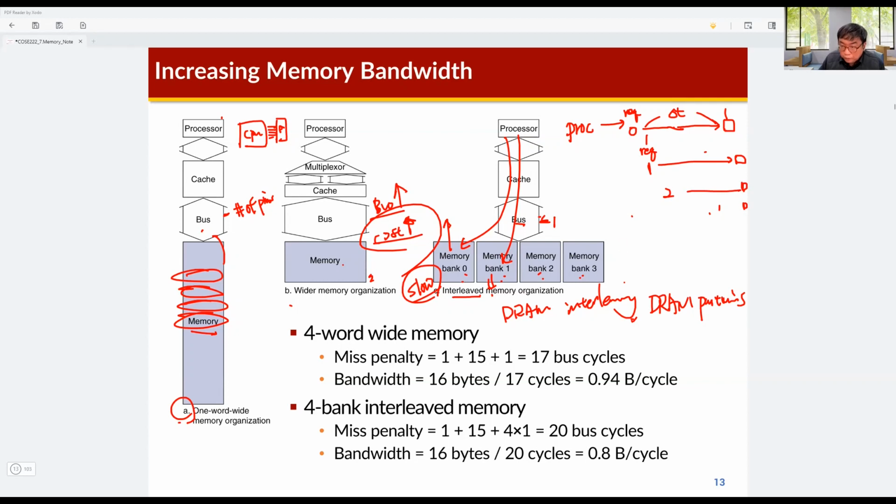Request 0 is here, then it is serviced here, then request 1 is here, then serviced here, then 2 serviced, 3 serviced.